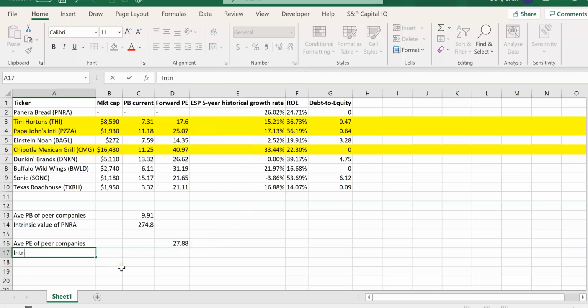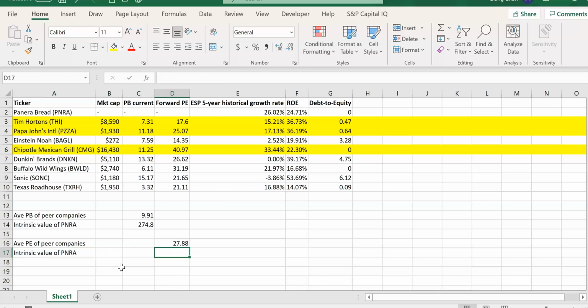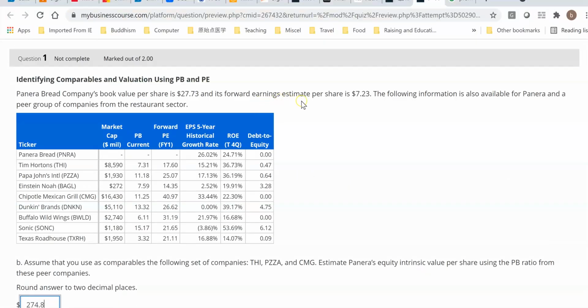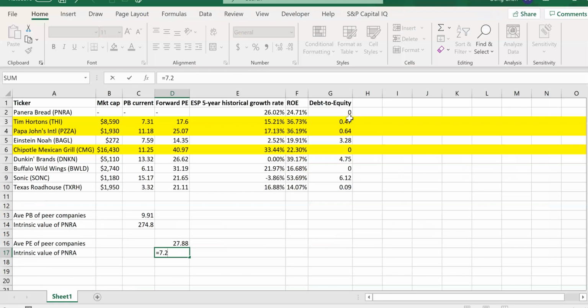And then the intrinsic value of Panera Bread. This could be calculated by using the forward earnings estimate per share, which is $7.23, and then multiply by this PE ratio, because PE ratio is defined to be the price per share divided by earnings per share, and here the PE ratio is defined over the forward earnings.